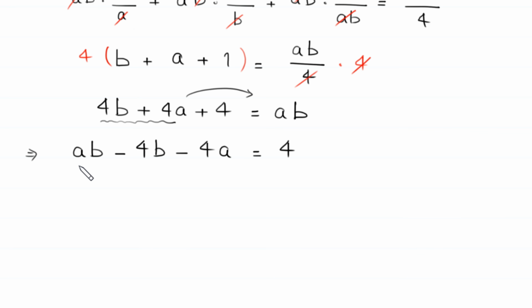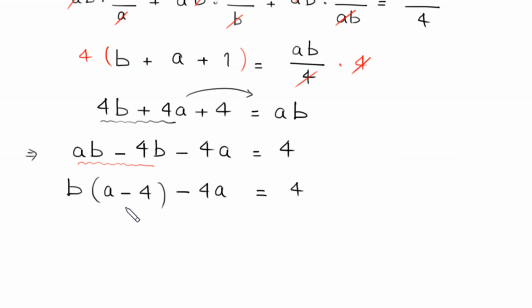Now from these two terms ab - 4b we can factor out b as common factor, in bracket left a - 4, minus this 4 times a is equal to 4.